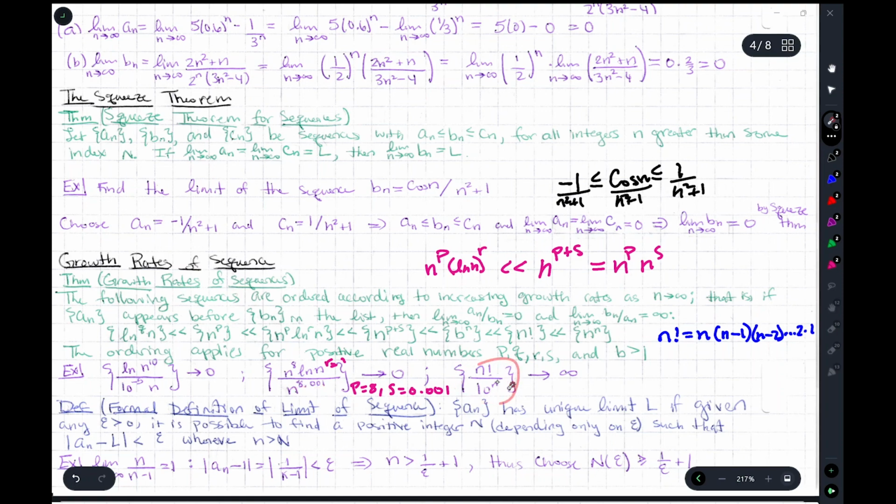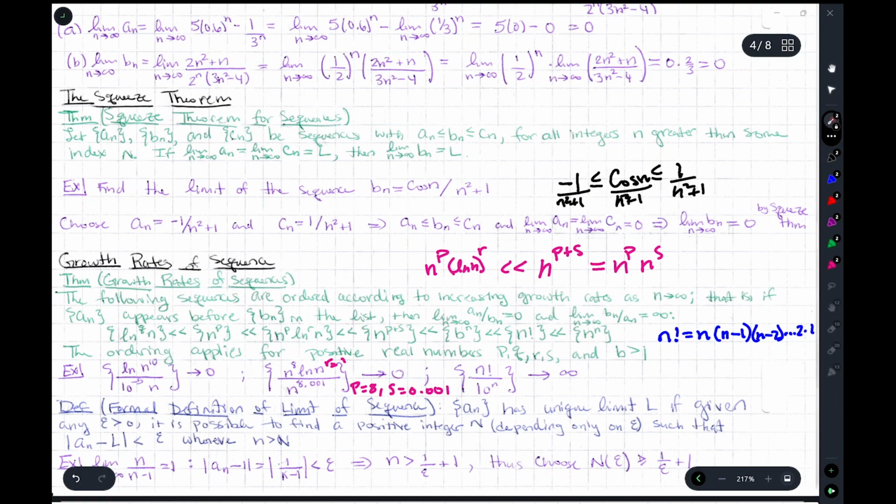Finally, let's look at this n factorial over the exponential. Well, here's an exponential, b equals 10 there. And we have that factorial. Factorial always grows faster than exponential, and so we have that infinity. Okay, exponential with a fixed base. This is an exponential with a not fixed base, so the base itself even grows.